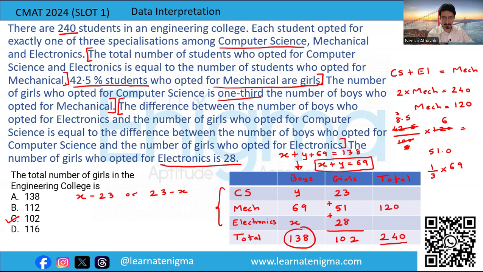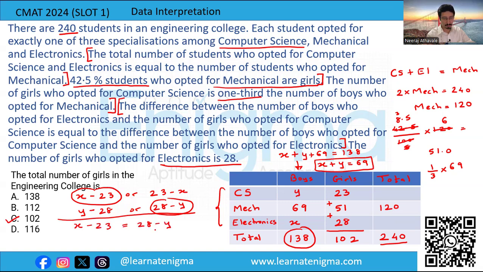Now, from this data, x minus 23 or 23 minus x will be equal to the difference between the number of boys of CS and the girls of electronics. That means y minus 28 or 28 minus y. It will be similar. So for the time being, let's take the scenario x minus 23 is equal to 28 minus y.